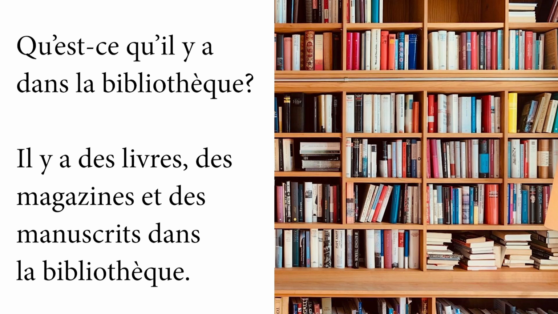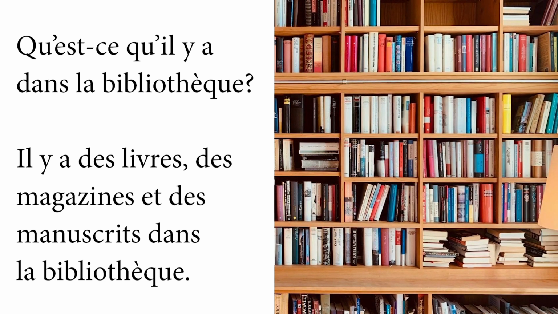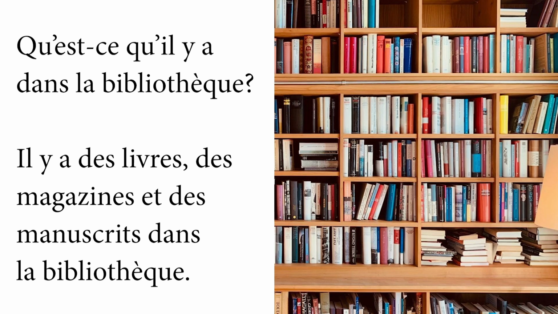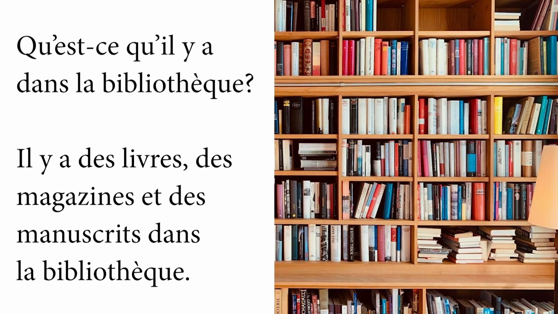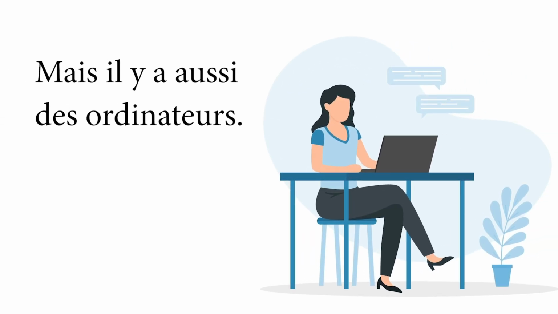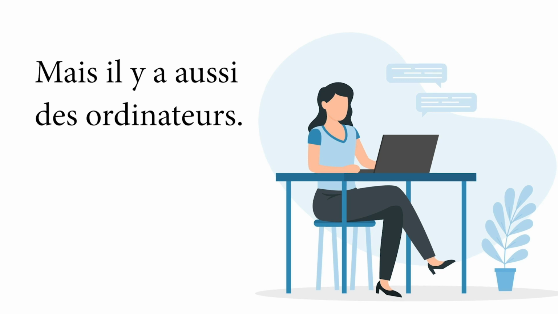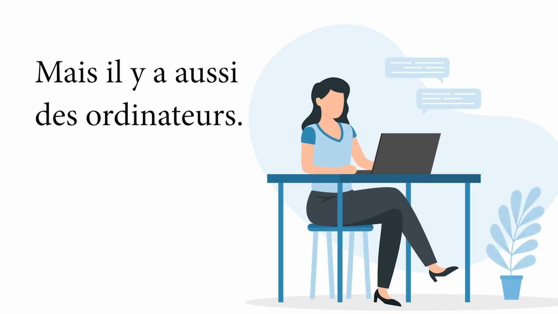Books, you know, magazines means the periodicals which come out at certain intervals, and manuscripts means handwritten documents from the ancient times primarily. Mais il y a aussi des ordinateurs. But there are also the computers.